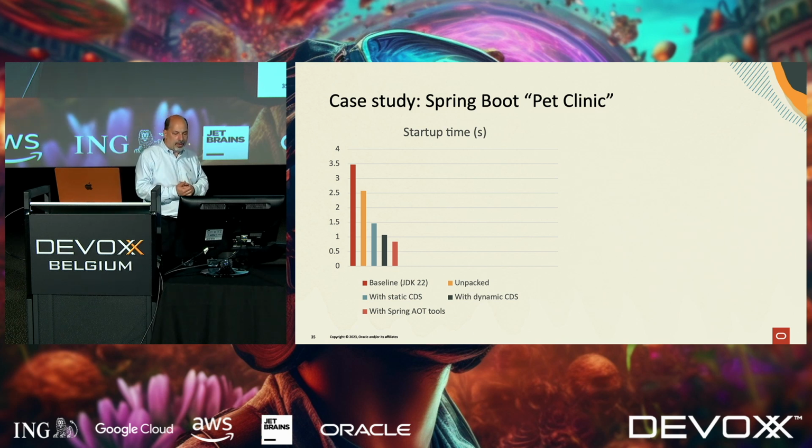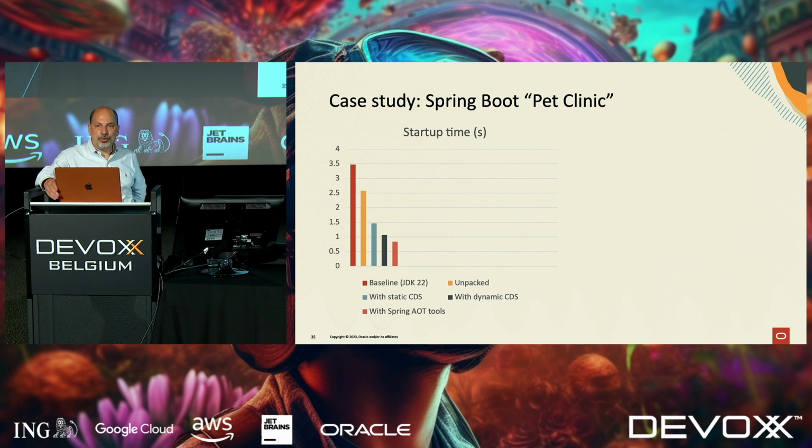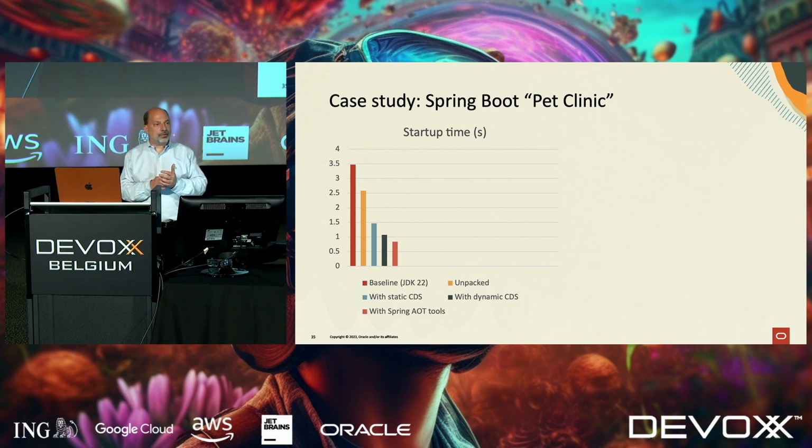The next two bars, the light and dark blue, are various combinations of applying the improved CDS that I just described, of caching different things in the CDS archive. And the last bar brings in the Spring AOT tools, which is basically like a condenser that is Spring specific, which does a training run, observes all of the annotation scanning and wiring of beans and all of that, and caches that in a faster-to-start-up way.